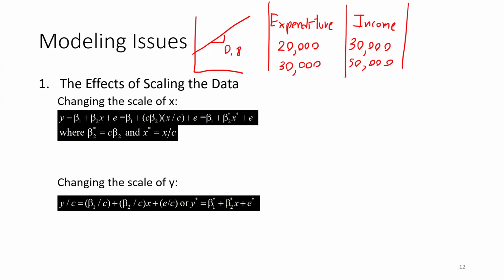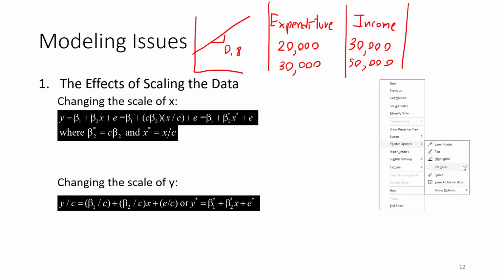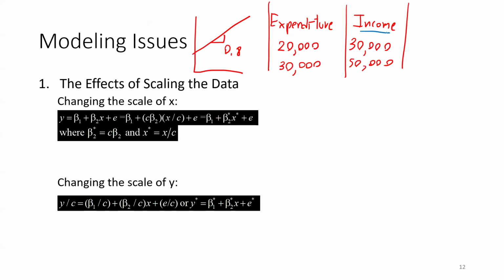You submit it to your professor, and the professor would like you to do something. The professor says income has too many zeros, can we divide it by 1,000 and use this one instead? You may wonder why the professor gives you a lot of homework.